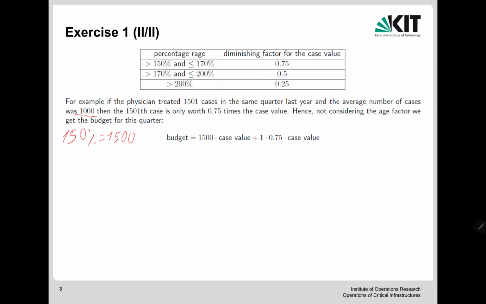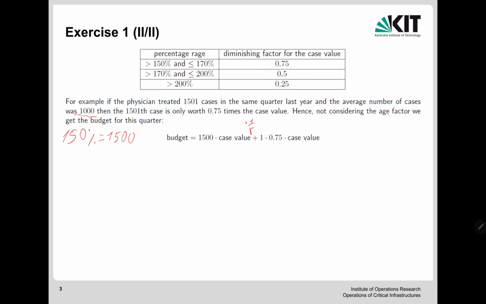Okay, and these are valued by the normal case value, depending on what was the case in the last quarter of the last year. And everyone else has to be diminished by a particular percentage of this diminishing factor. So here we have 1,500 patients multiplied by the case value, multiplied by 1, which means 100%.